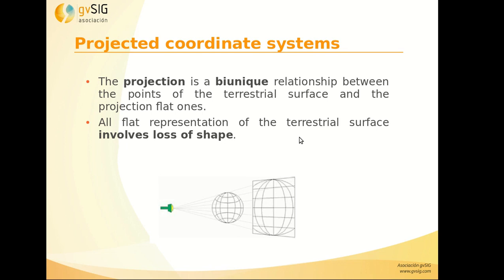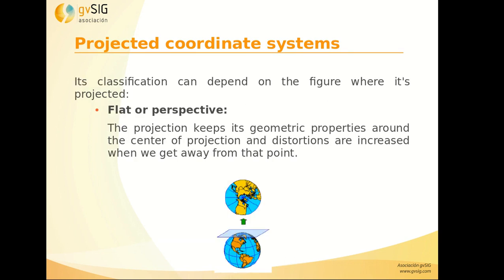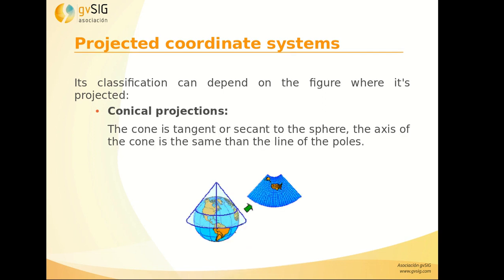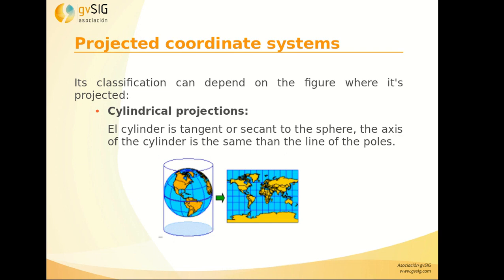The projection is a biunivocal relationship between the points of the terrestrial surface and the points of the projection plane. So we can have different projections depending on the figure where it is projected. For example, we have a flat, a conical, and a cylindrical projection.